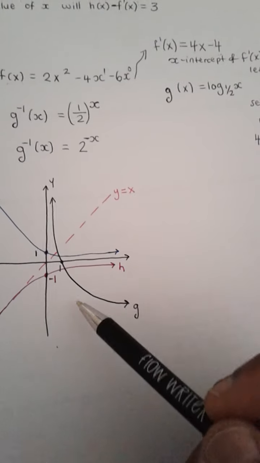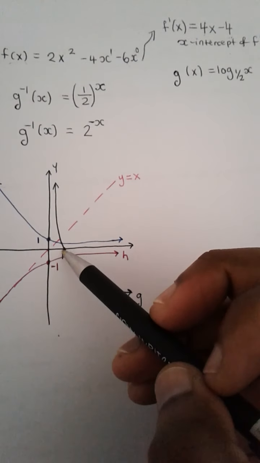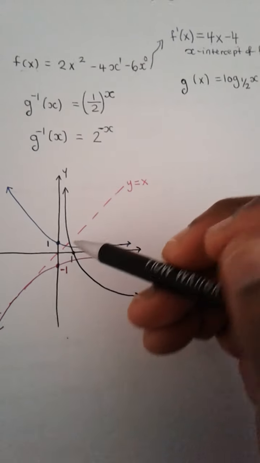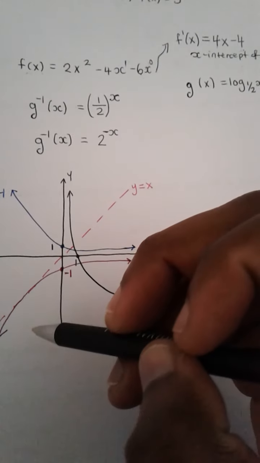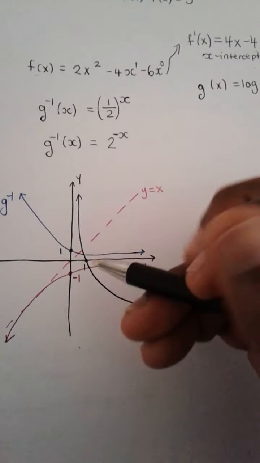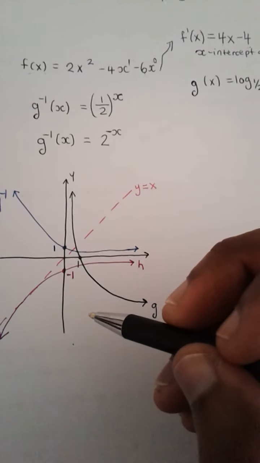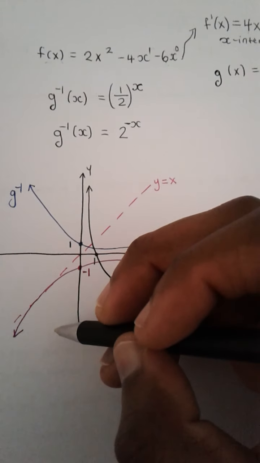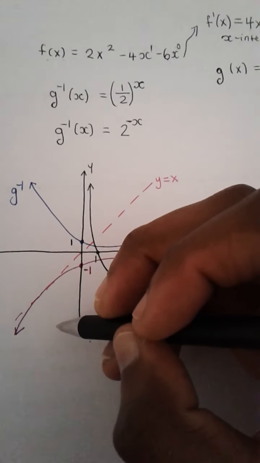It has an x-intercept here at 1, and it has a y-intercept at 4. So it looks something like this. I'm going to sketch it in black, I don't have another color here with me. Hopefully I don't mess this up.